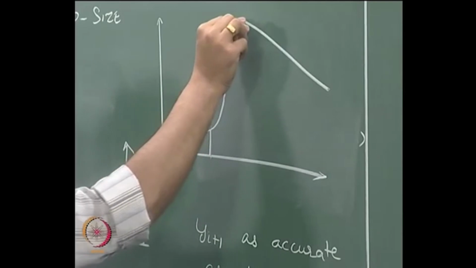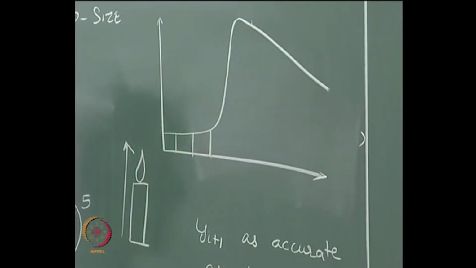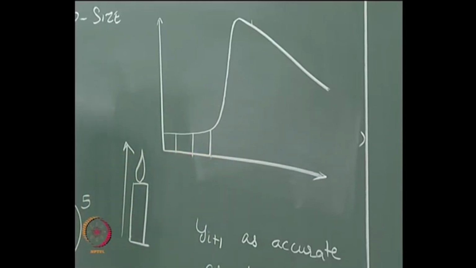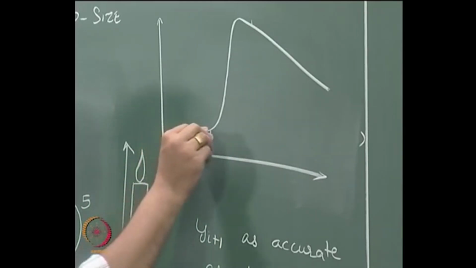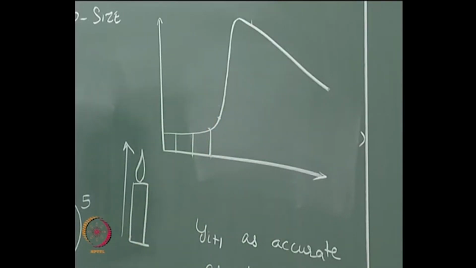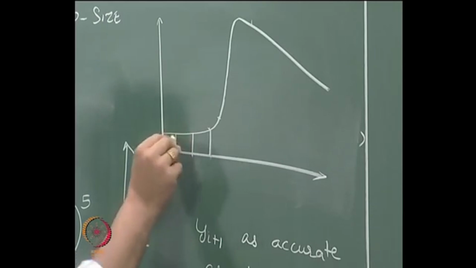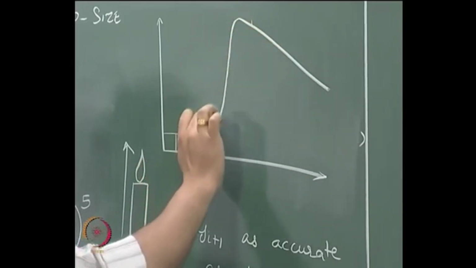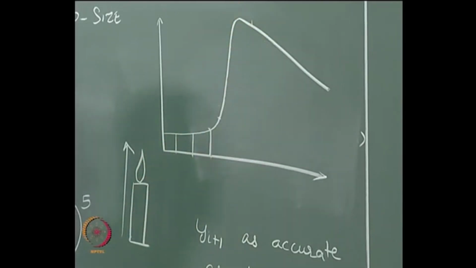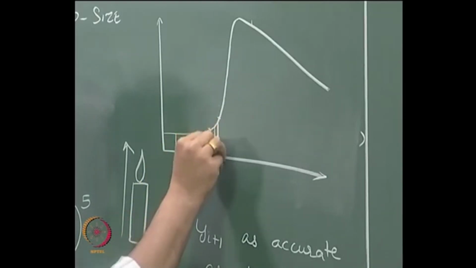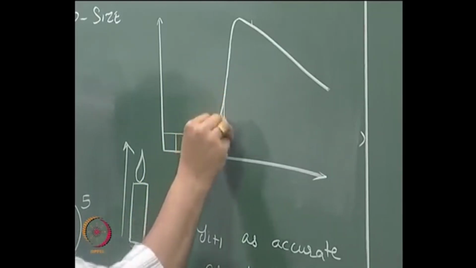Now a lot is happening in this particular region, and things are changing quite rapidly. So the slope at this point is drastically different than the slope at this point. If we keep using the same large step sizes in this region also, we will miss the overall physical characteristics that we see over here. As a result, the adaptive step sizing is going to take multiple steps in this particular region.